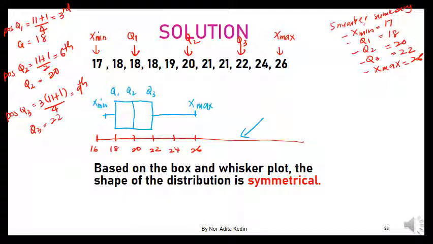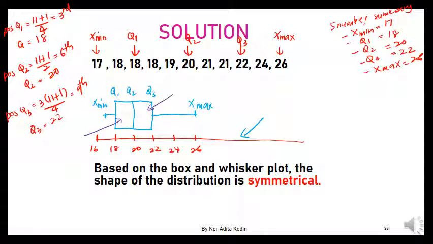Now, once you finish draw your box and whisker plot, how to determine? Nak determine shape, tengok dekat box. In this example, box di sebelah kiri dan kanan lebih kurang sama besar. Ataupun here, in this case, sama besar.